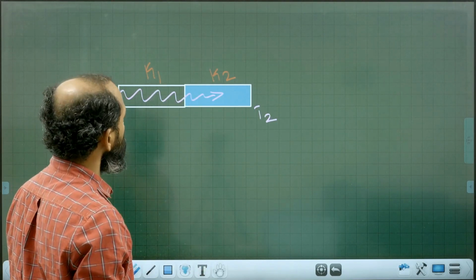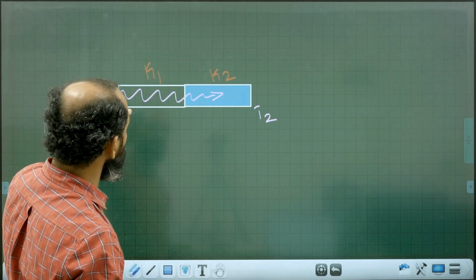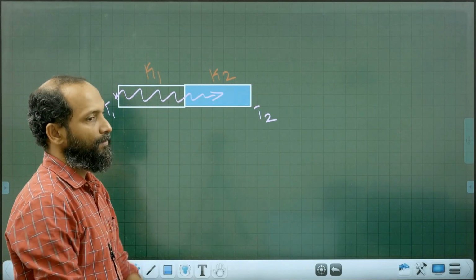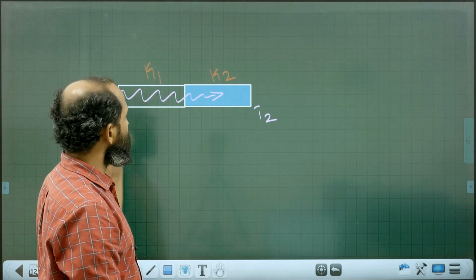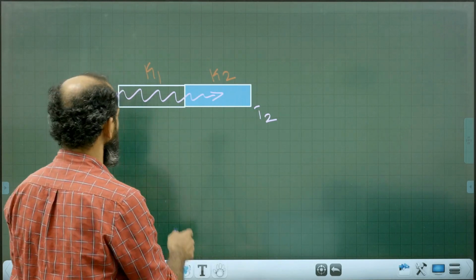Heat per second will be the same at every second. The amount of heat flowing is constant because they are in series. In series, heat per second is constant.